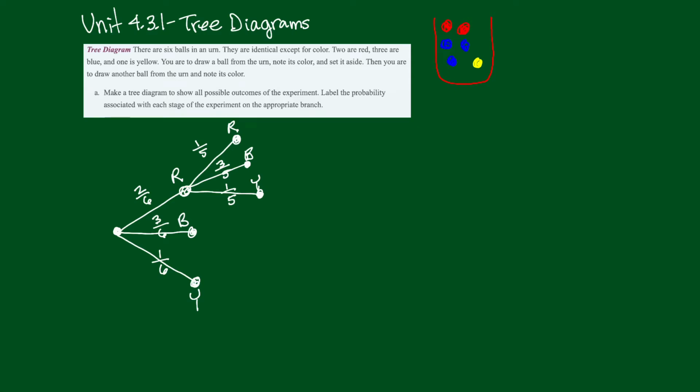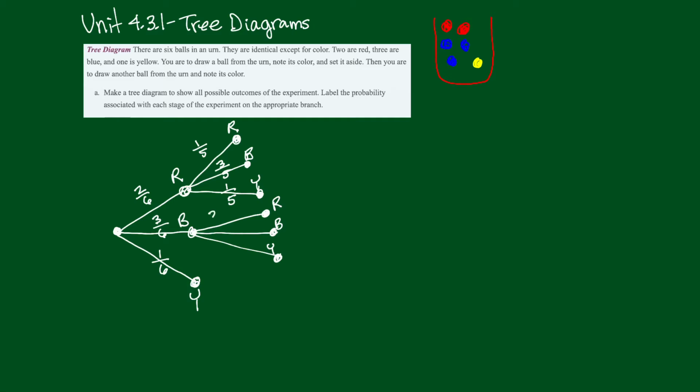All right, but suppose we did this. Suppose we got a blue on the first one. Now we reach in and grab another one. So what's possible? We could still get a red, a blue, or a yellow, right? And what are these probabilities? Well, if we got a blue on the first and you take it out, there are only 5 balls left, because it started with 6 and we took 1 out.